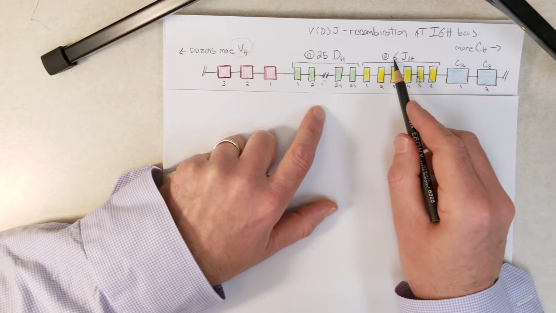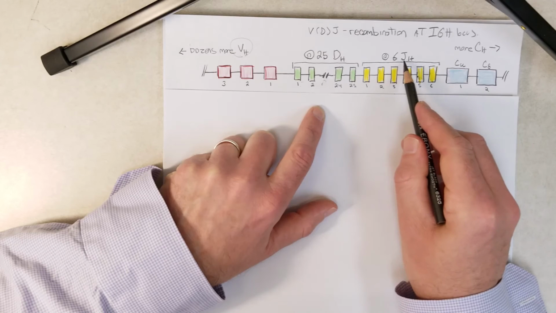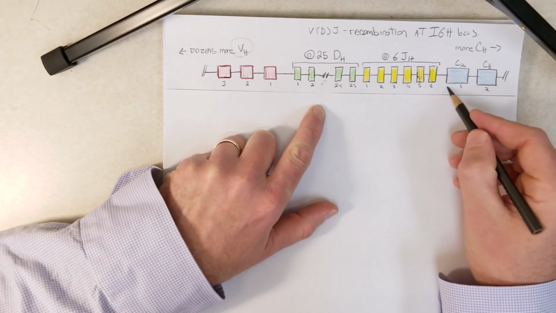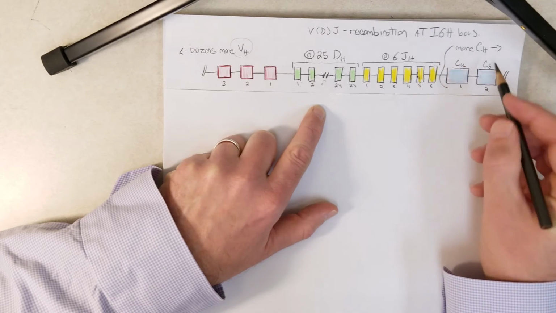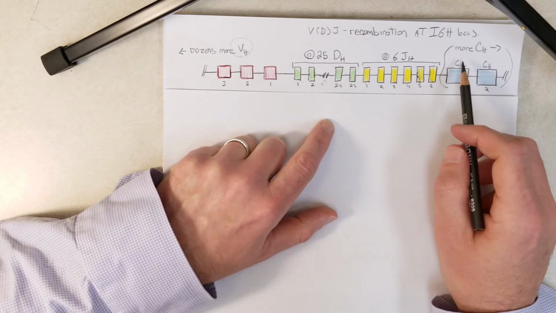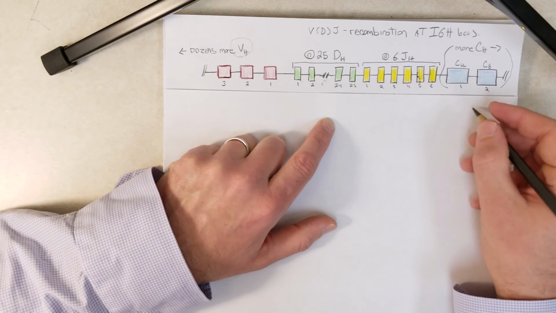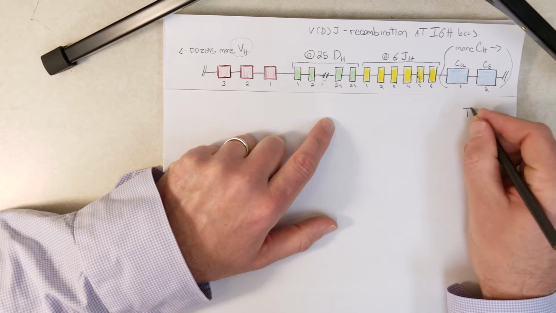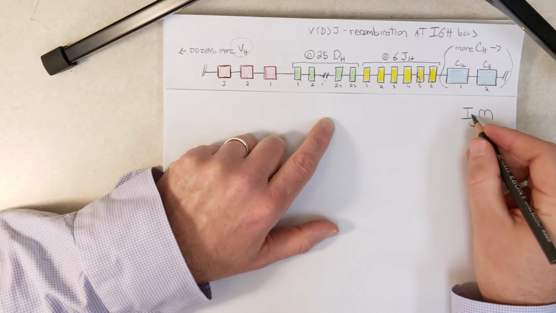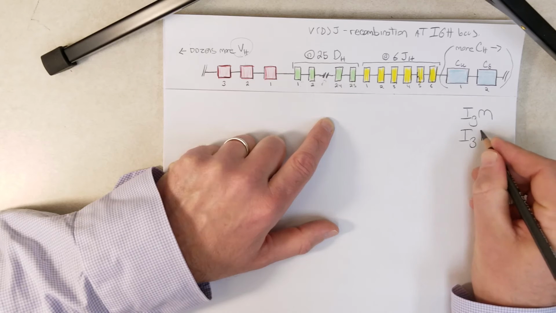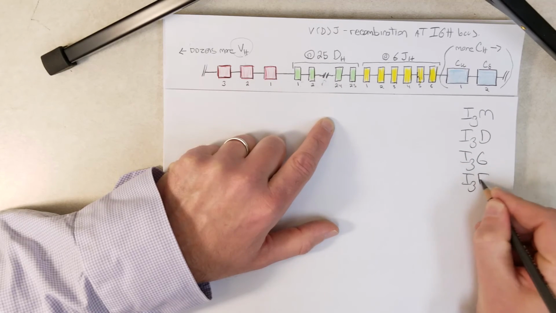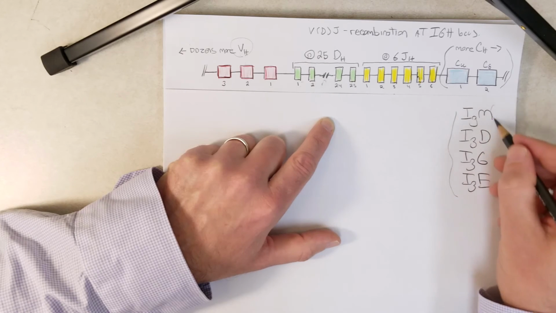Now, most references agree that there are 6 joining gene segments at the IGH locus, and there are many constant regions. As we're going to see, immunoglobulins come in many different types, I think 6 major types, like IgM, IgD, IgG, IgE, etc., and they all have slightly different functions.